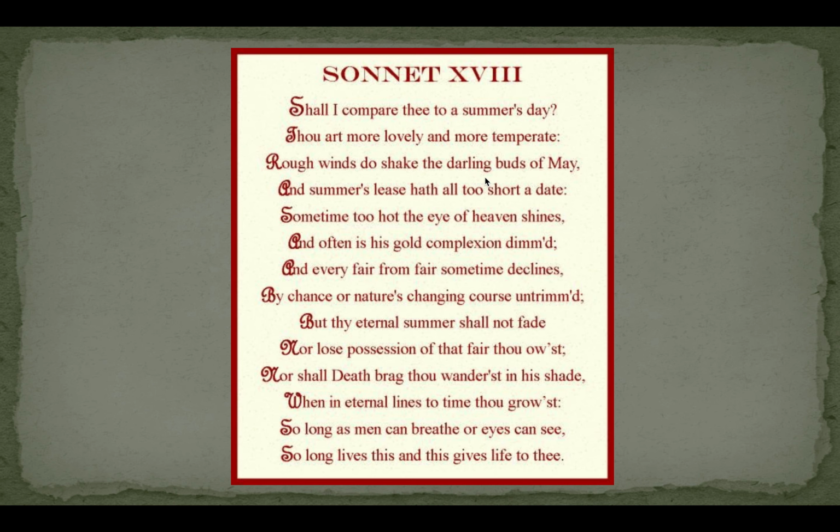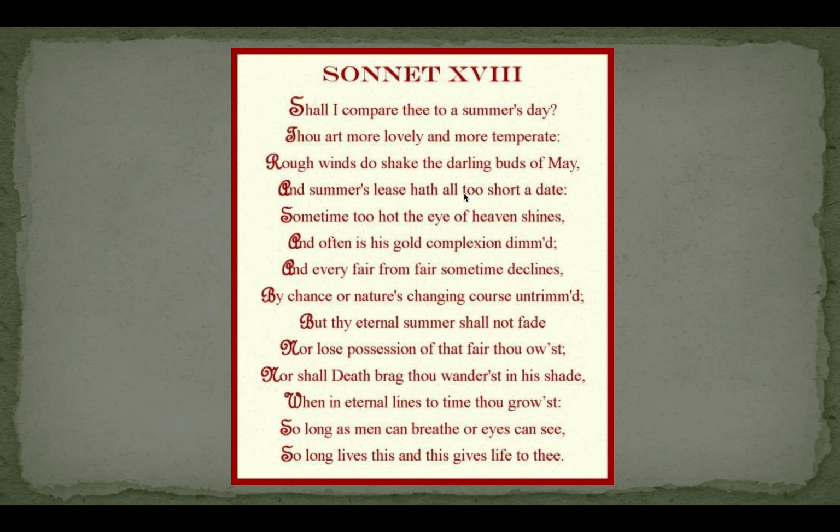Bad things happen to good or beautiful things. That could be the more literal interpretation of that. Summer's lease. Again, summer has a lease. That's a metaphor. And what we're seeing here is that summer, it goes away.